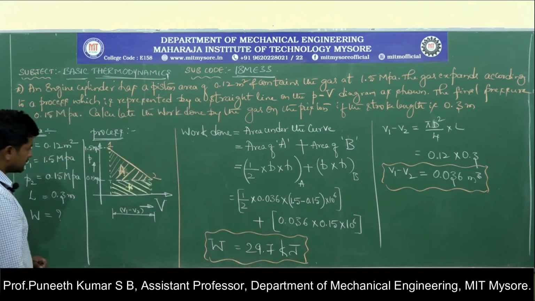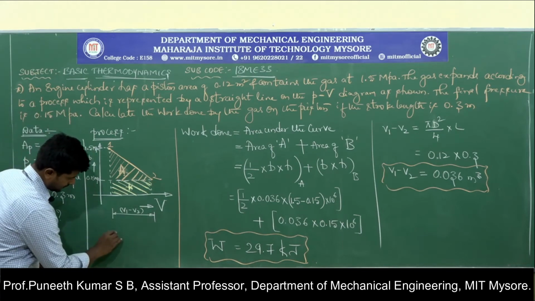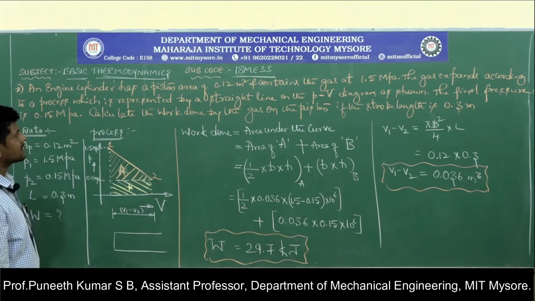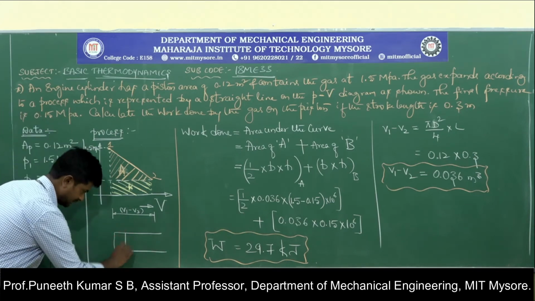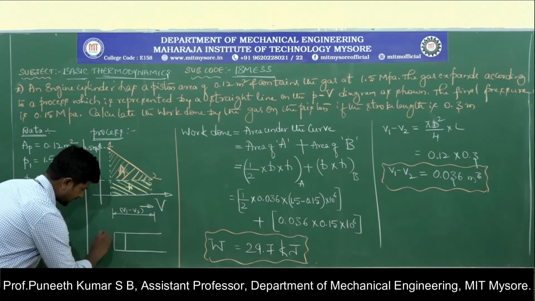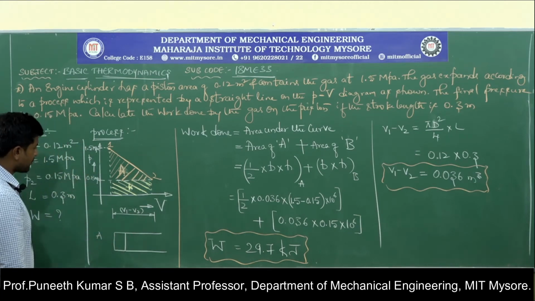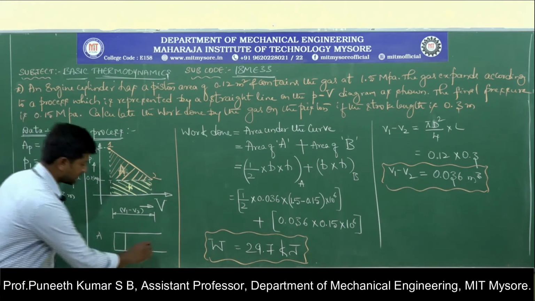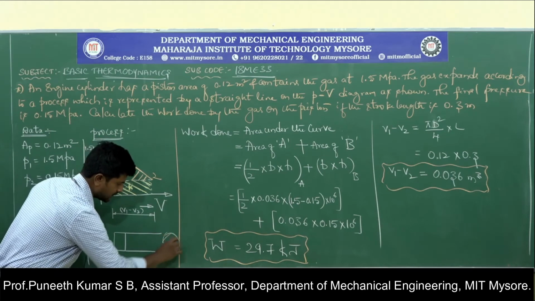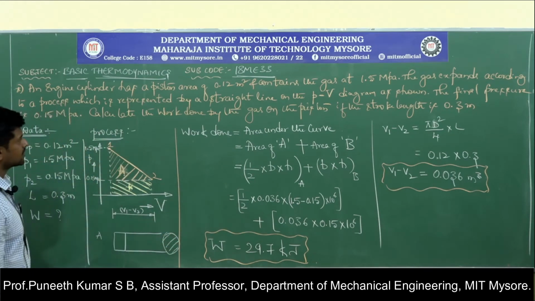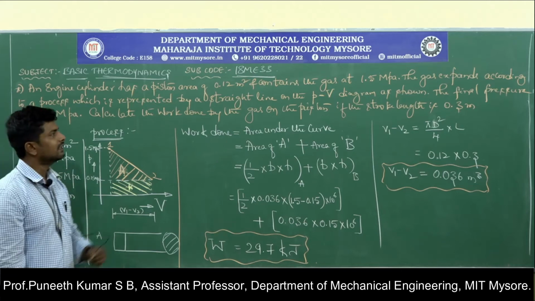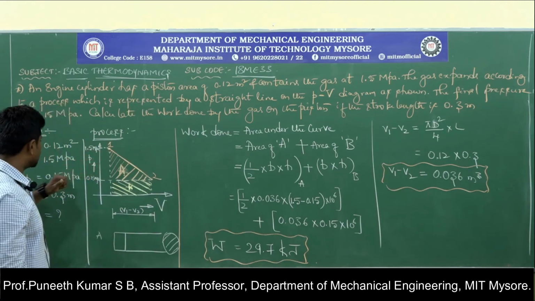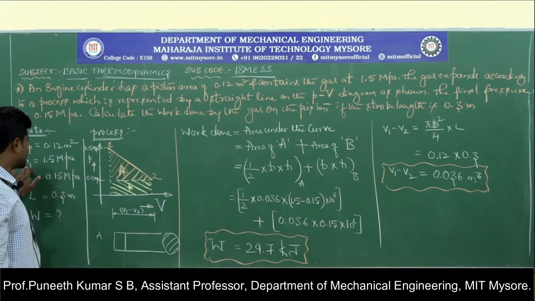So we have an engine cylinder whose piston area, the cross section area of the piston, is 0.12 meter square, and it contains the gas at 1.5 megapascal. So it is the initial pressure.